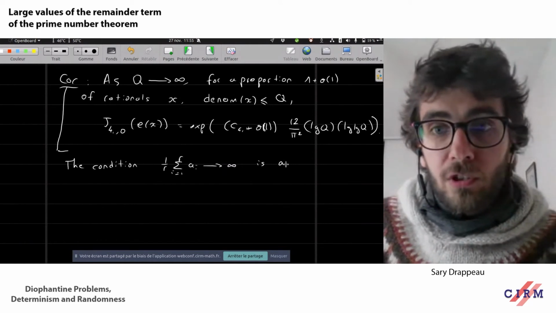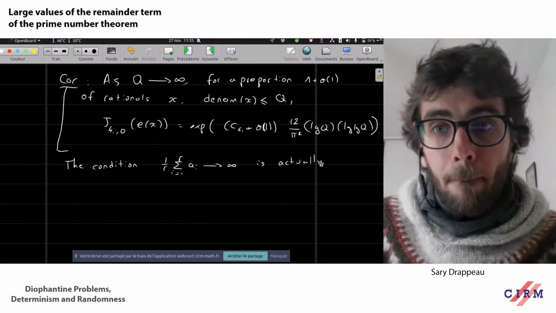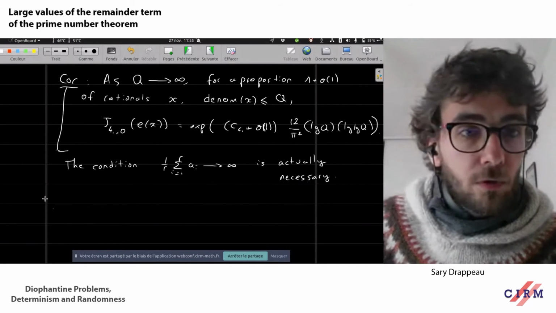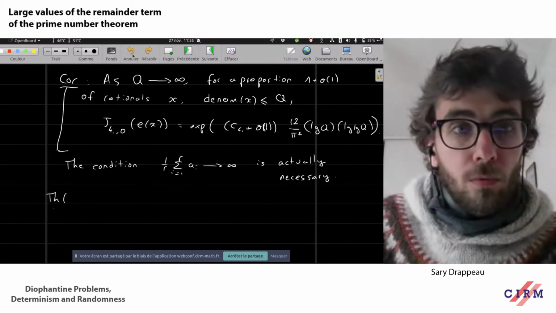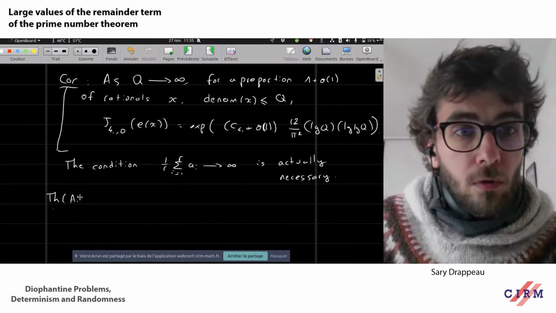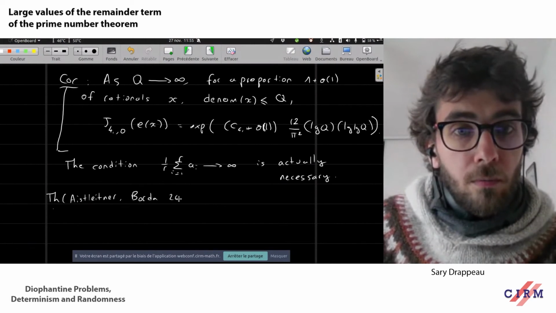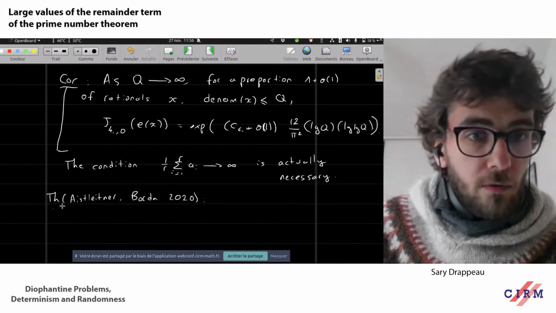This condition is actually necessary because of the following theorem of Christoph and Bence.